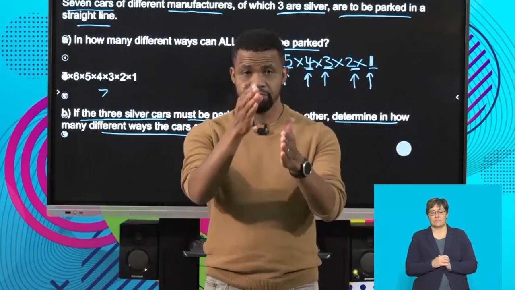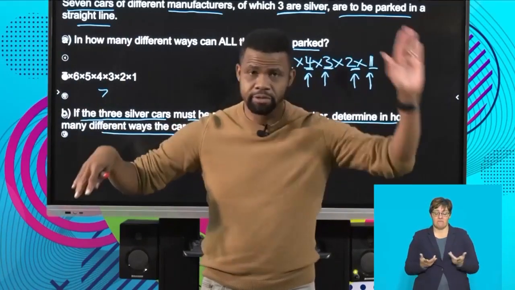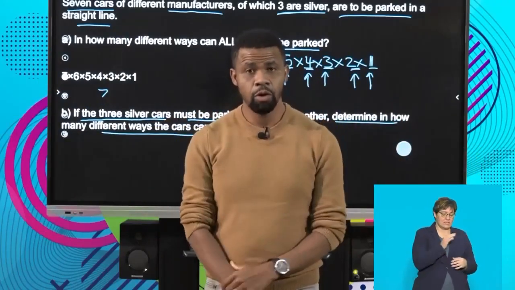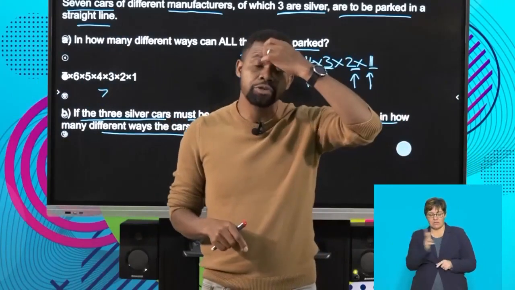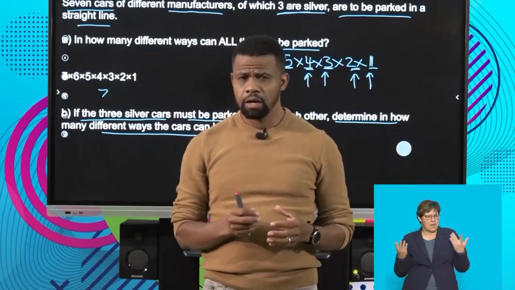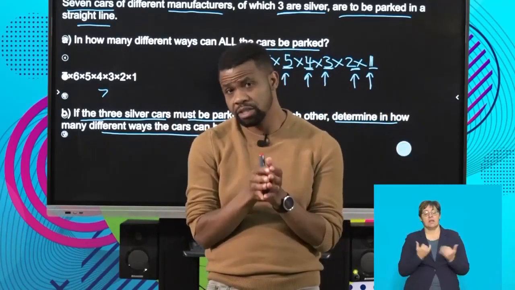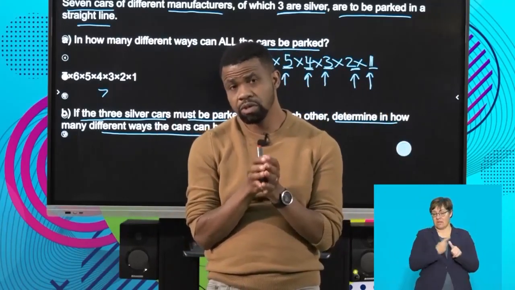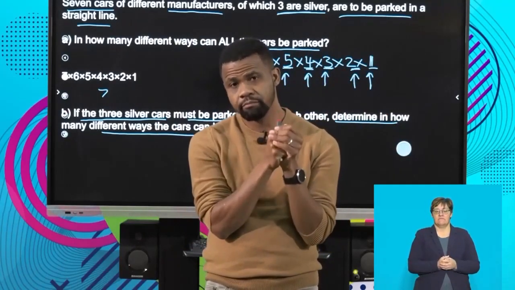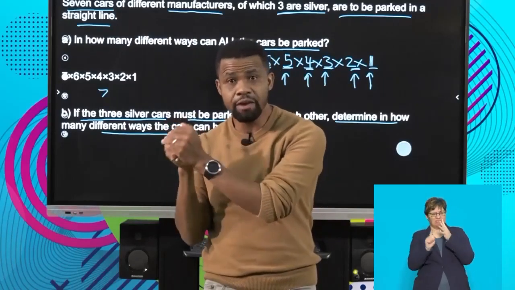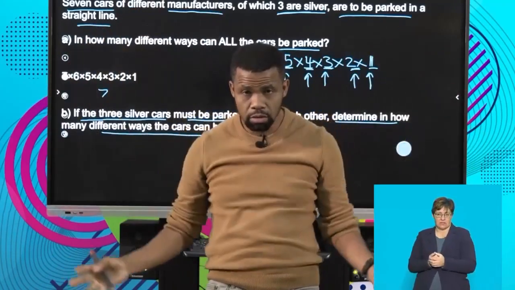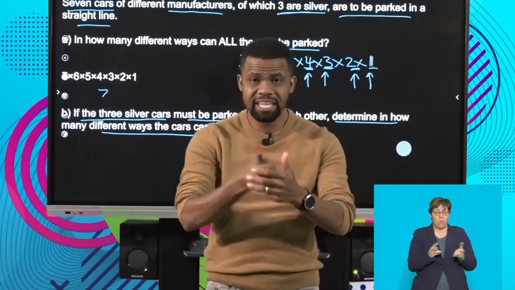So I can have silver, silver, silver in the middle and it doesn't matter on the sides, or I can have 3 silvers in the beginning and it doesn't matter for the other 4. But the 3 silver must be parked together. So what do we have to do with this question? We're going to apply the fundamental principle of counting, which states that if I have m ways of doing something and n ways of doing something else, then the total ways of doing that will be m times n.